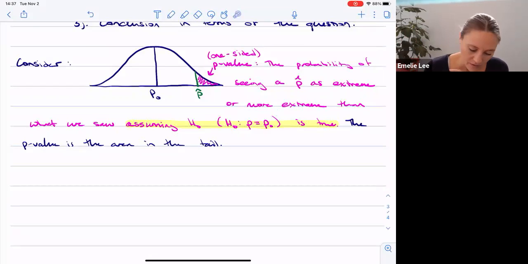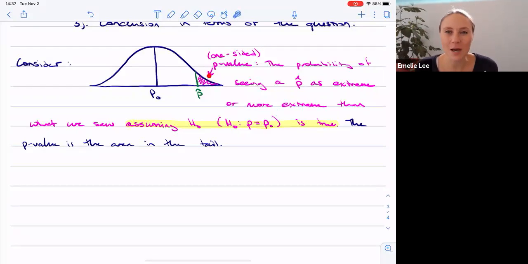But the reason we can't say that we accept something, we don't accept H naught, we don't accept HA, is because there's a p-value probability that we're wrong.